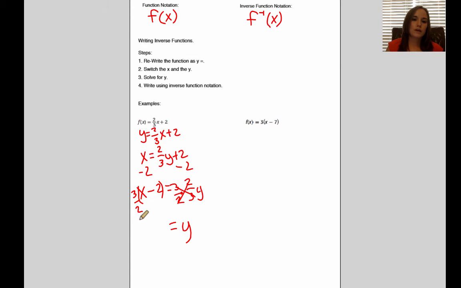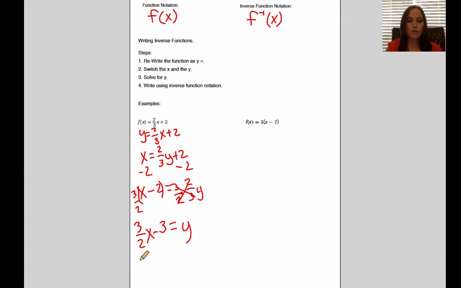Okay, 3/2 times x is 3/2x, and 3/2 times a -2 would just be -3 because the denominator 2 would cancel out with this 2. All right, the last step says write using inverse function notation. Well, the y is the inverse function, and I'm going to go ahead and put it out in front now.